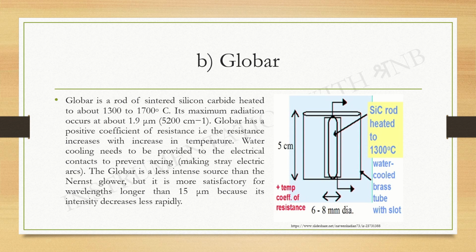So the lifetime of the Nernst glower is less than the globar, and the globar is used for longer wavelengths, that is, for more than 15 micrometers. So in short, although the intensity of the Nernst glower is more than the globar, the globar is used at longer wavelengths because its intensity decreases less rapidly as compared to the Nernst glower.